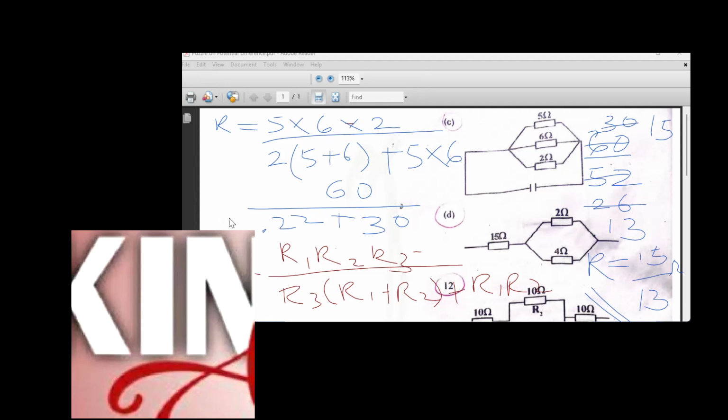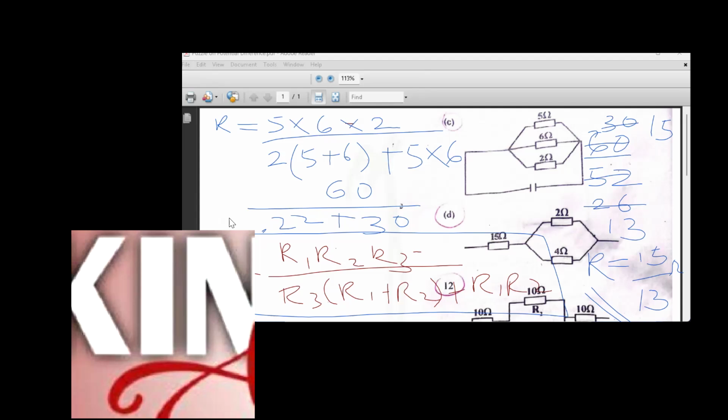So you can see now that this relation can be used to solve for the effective resistance of a set of three resistors that are connected in parallel. Thank you very much. Let's move on.